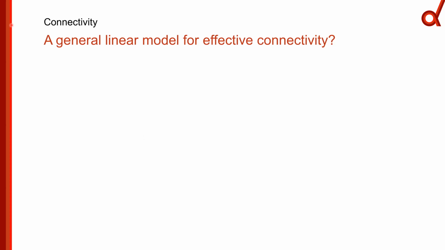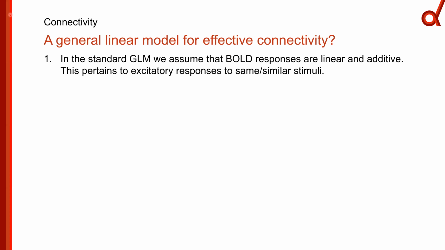If we're looking at effective connectivity, you would probably have thought when you were looking at the chart of the canonical model that there's an awful lot of arrows flying around in there, right? So how can we imagine this? And I think it's quite illustrative to think that when you're doing normal BOLD fMRI, you're quite happy to have the concept of the general linear model, that everything is linear and additive.